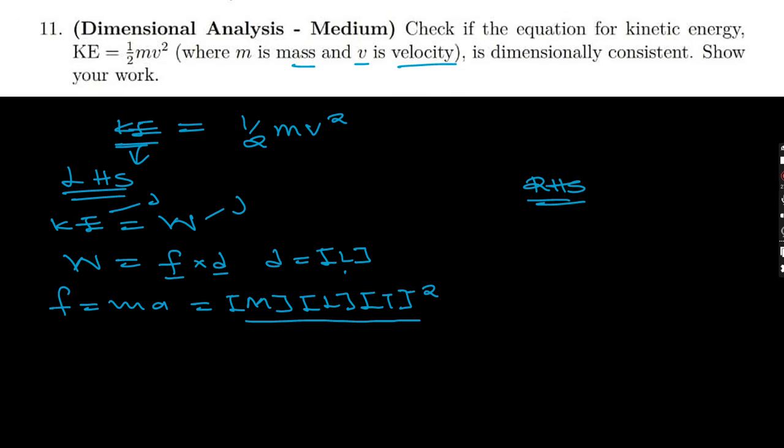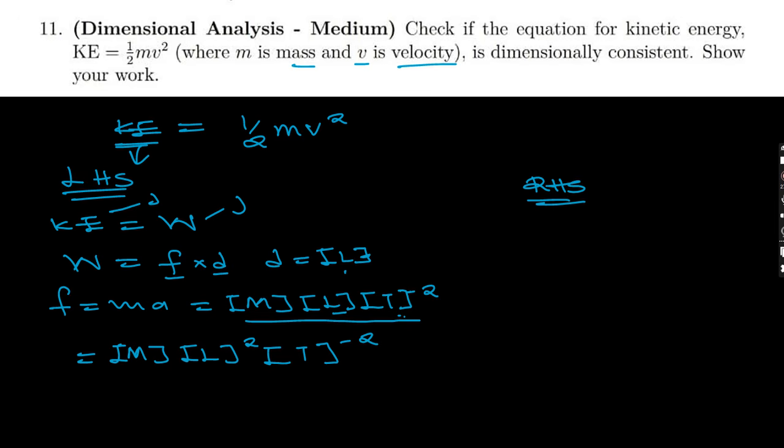So multiplying the two, we are going to have our M, then L there. I'm following this L. Now we are multiplying by another L here. We are going to have L squared, then T here to the power negative 2.